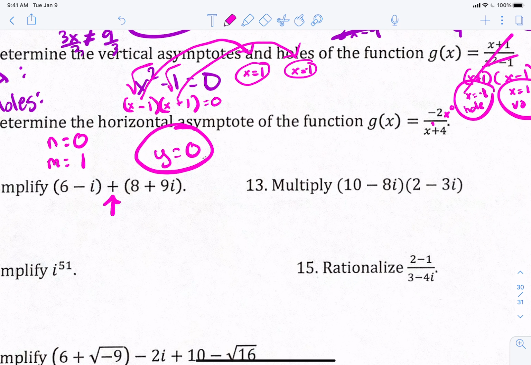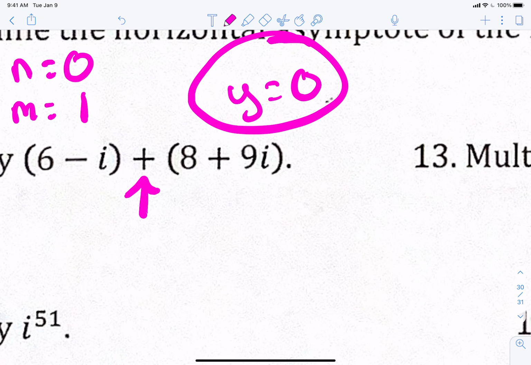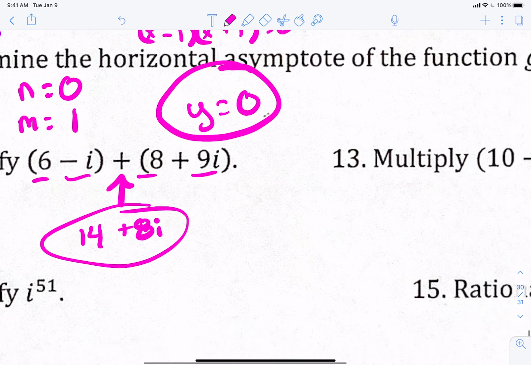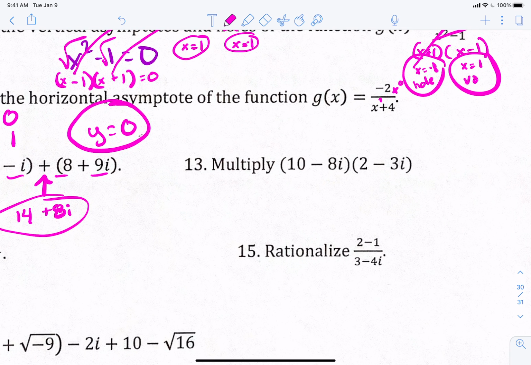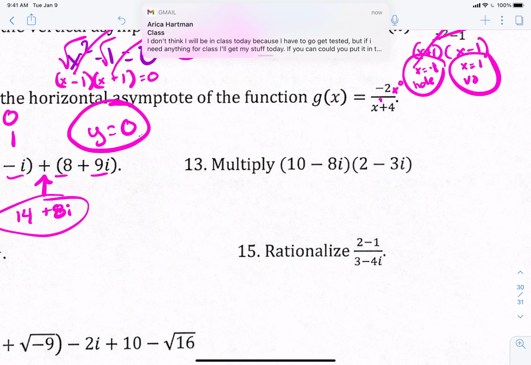I'm just combining like terms there, right? That's the only thing that I'm doing. So, what do you combine? 8 and 6 makes 14. Combine negative i and positive 9i. Plus 8i. Is that it? Yes. That's it.